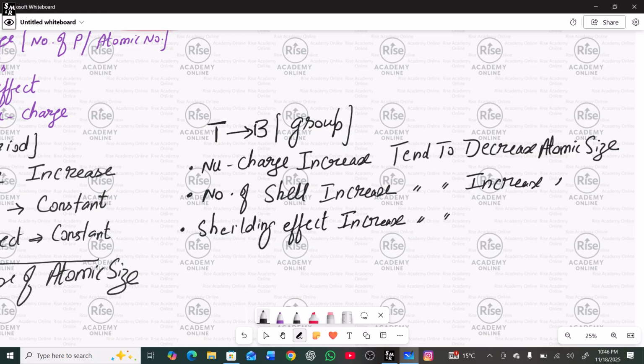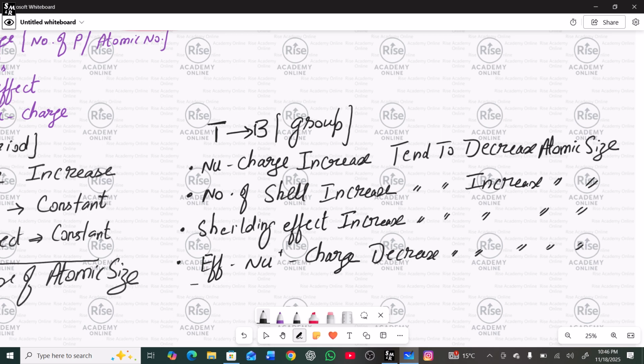Both these factors tend to increase atomic size. While talking about effective nuclear charge, this factor decreases in moving from top to bottom, and also helps to increase atomic size.